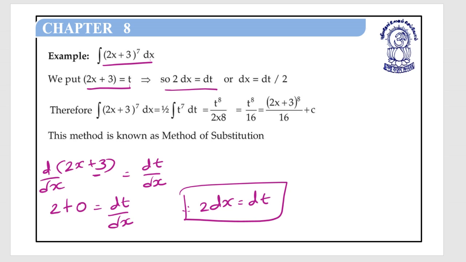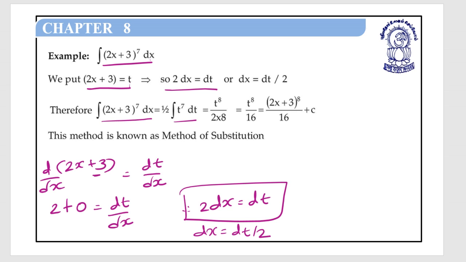So you can write dx is equal to dt by 2, because we require (2x + 3) raised to 7 dx in terms of t. So it is equal to 1 by 2 t raised to 7 dt.